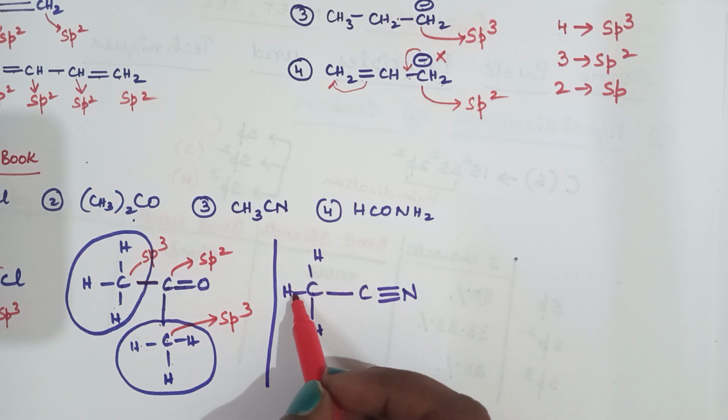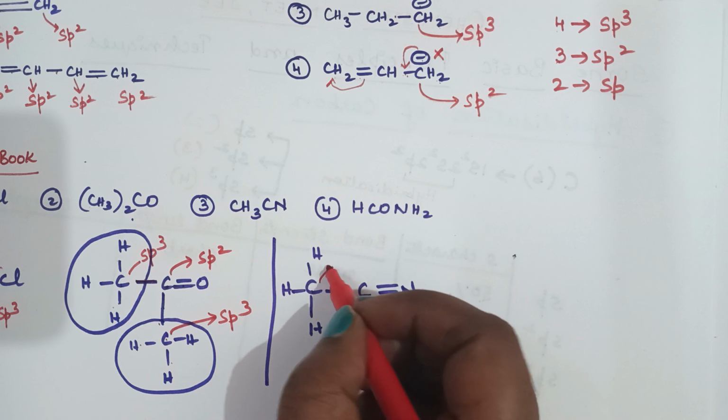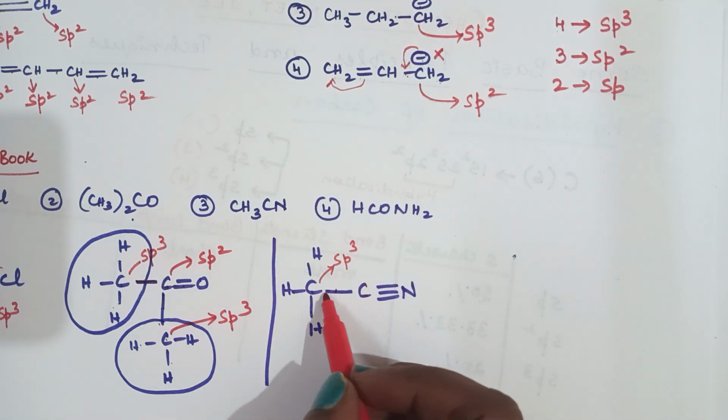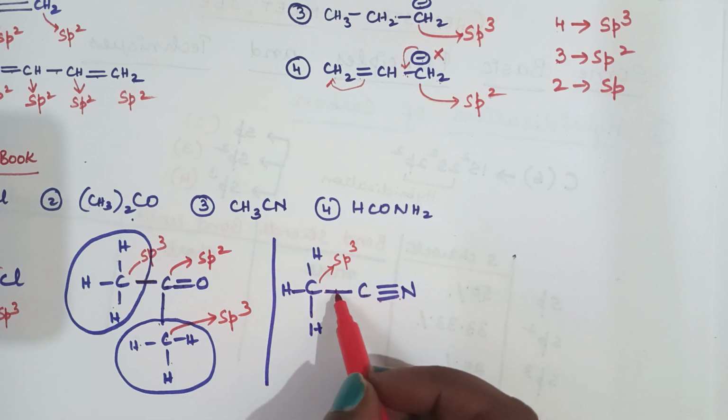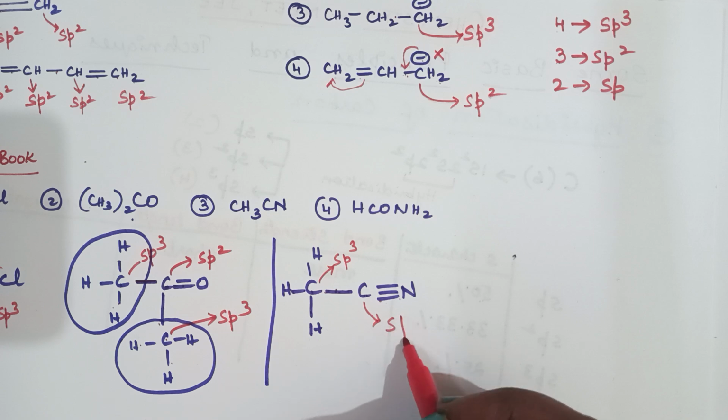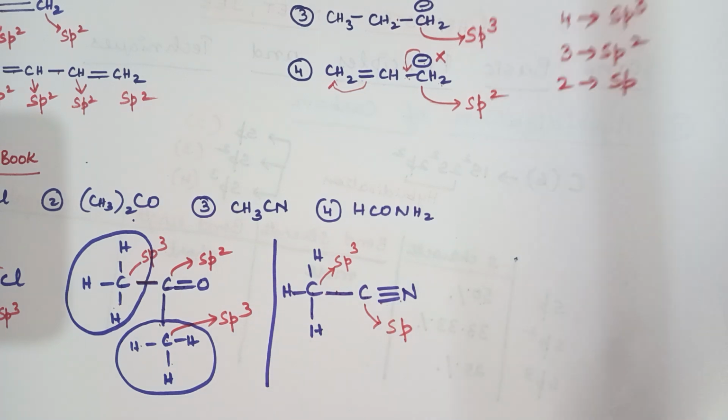So 1, 2, 3, 4. So there are 4 sigma bonds. If 4 sigma bonds are present, this will be showing sp3 hybridization. And this carbon will be showing 1 and 2. So there are only 2 sigma bonds. Therefore, this will be showing sp hybridization. Is that clear, students?